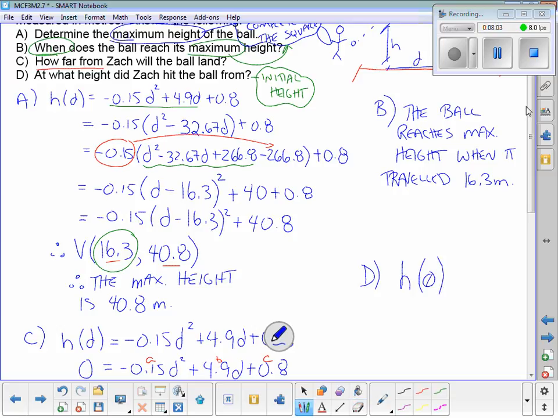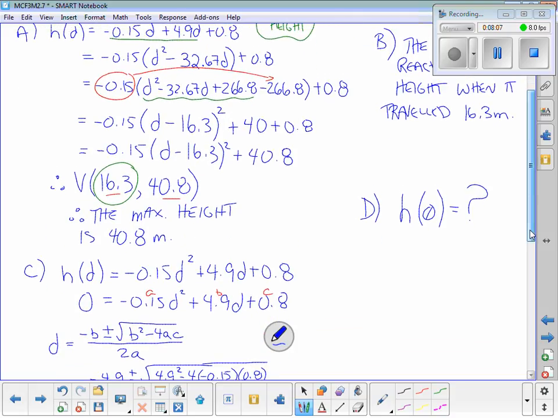So H of D at 0. We're finding the y-intercept, the initial value. So we're just plugging in 0 into the equation: negative 0.15 times 0 squared plus 4.9 times 0 plus 0.8. Those terms are going to go to 0. So 0.8 meters.